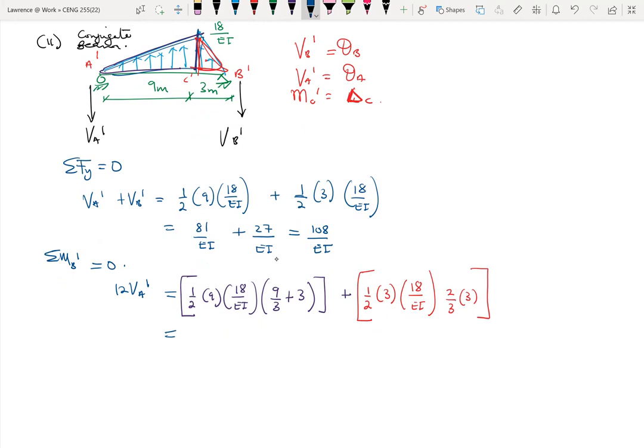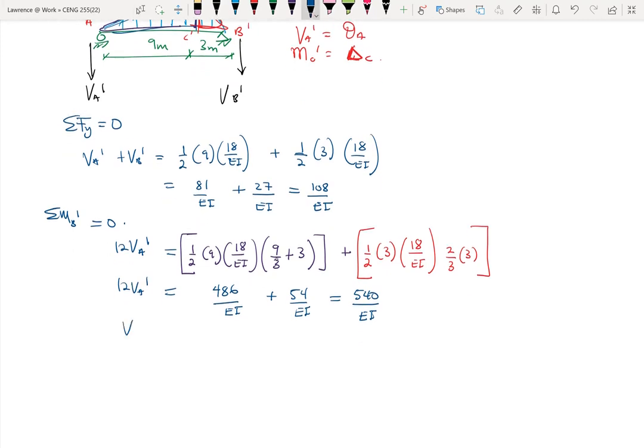You get 486 over EI plus 54 over EI, which gives 540 over EI. So 12 VA is equal to all of that. VA prime equals 540 over EI divided by 12, which gives 45 over EI.